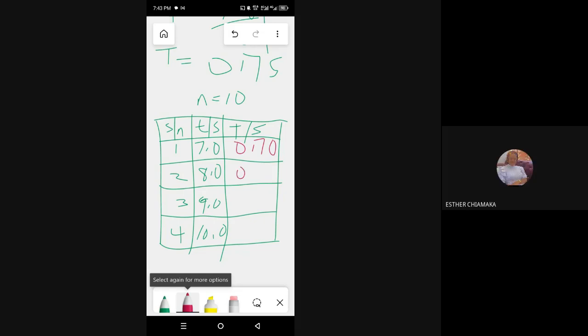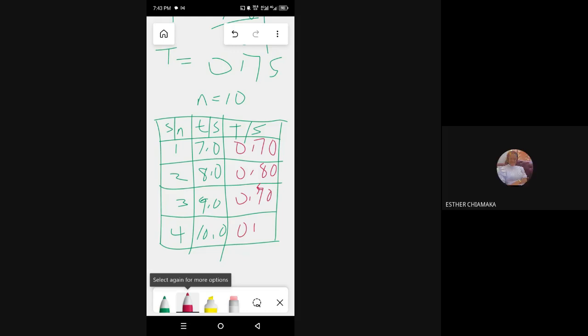How about for 8.0? 0.80. For 9.0? 0.90. And for 10.0? 0.10. What is 10.0 divided by 10? 1.